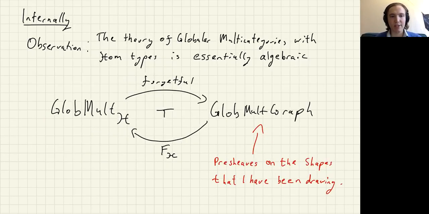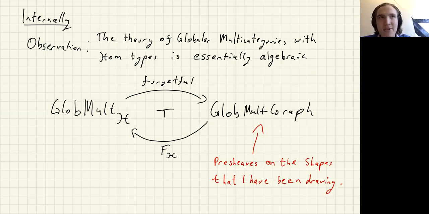So first internally, and the key observation that I'd like to make is that the theory of globular multicategories with homomorphism types is essentially algebraic. And so this adjunction that we then have is actually going to do a lot of the work. So there's a category that I've called globular multigraphs that are basically just presheaves on the shapes that I've been drawing throughout all these slides.